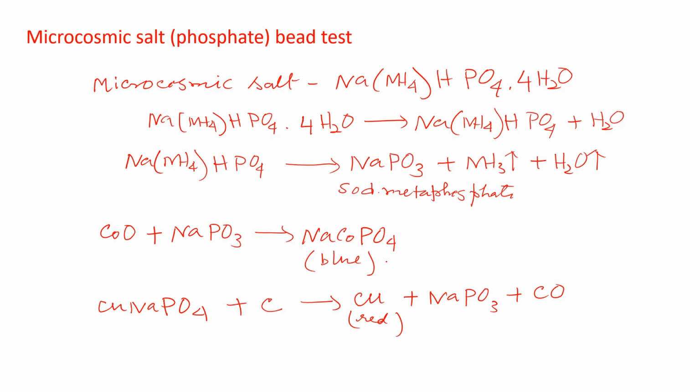Orthophosphate of the cations. Okay, and when it is reduced, then you can get the color due to different other formation. Say for copper salt, it is the metallic copper, you'll get the red color. So coloration procedure same as that of your borax bead test.